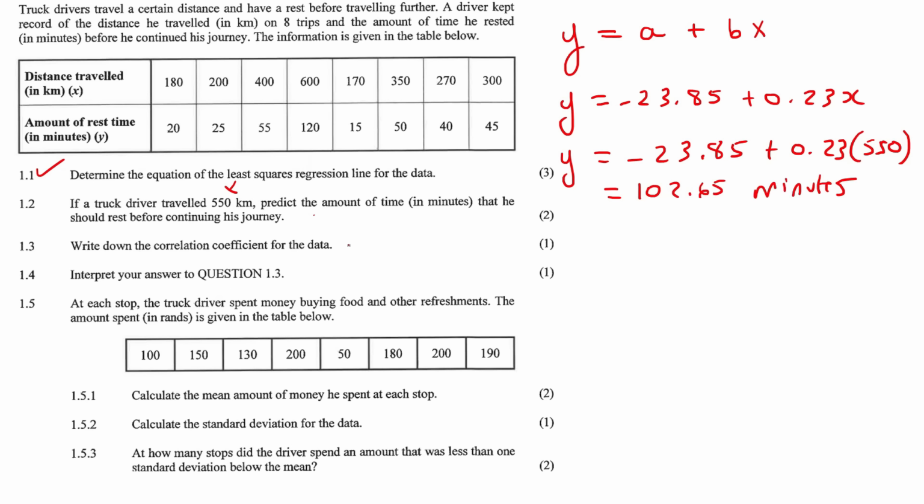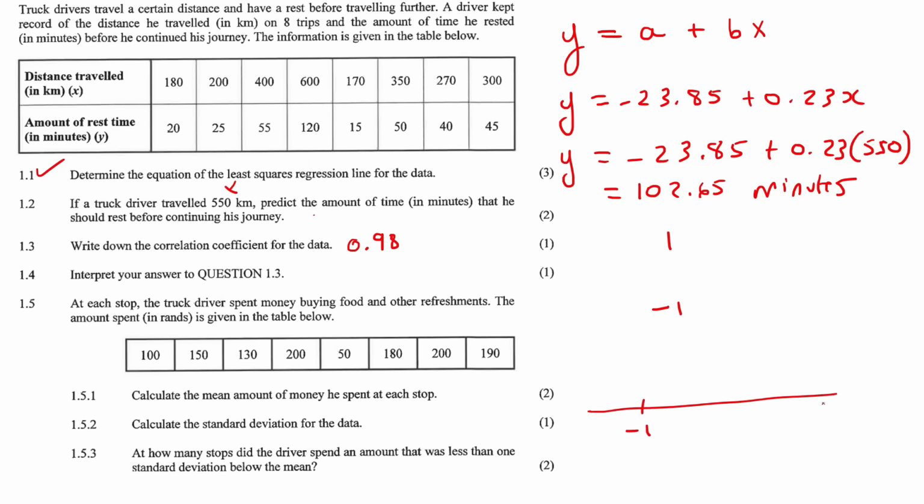Next question, write down the correlation coefficient. Well, we worked that out as R, which was 0.98. Now they're asking you to comment on that. Remember that if you get 1 or minus 1, that is a perfect correlation. Let me quickly show you on a number line.